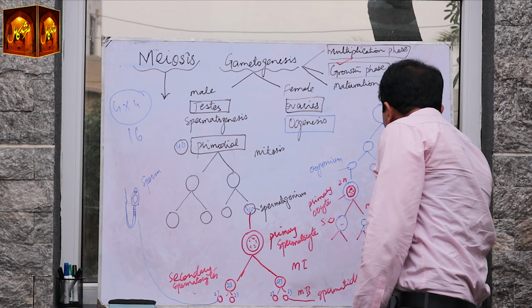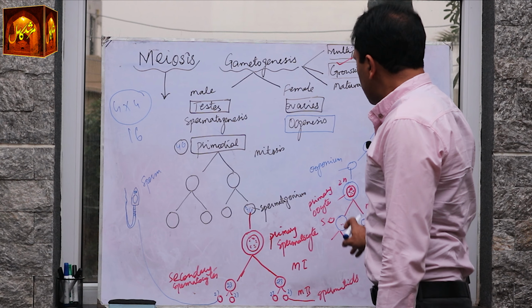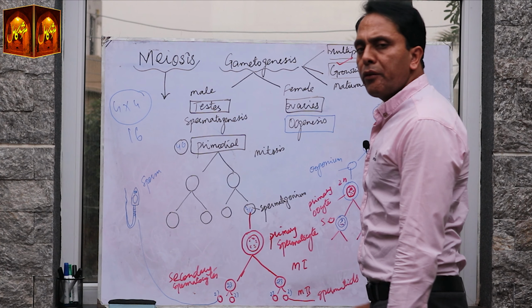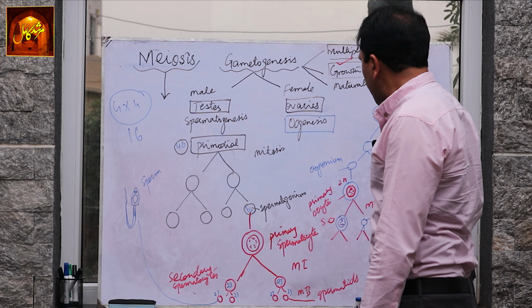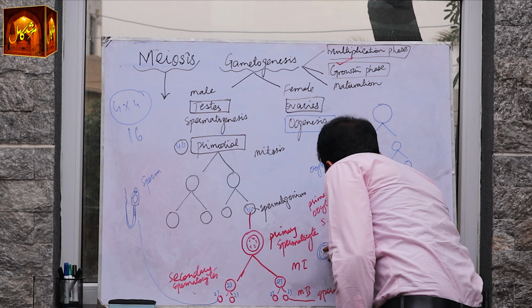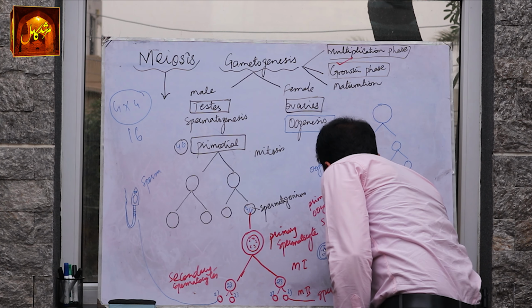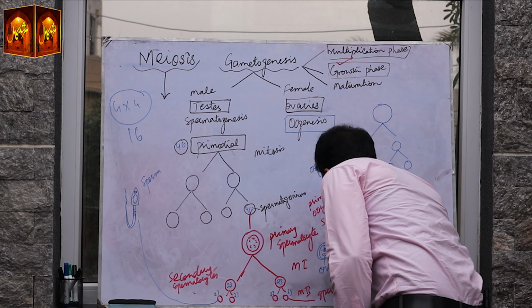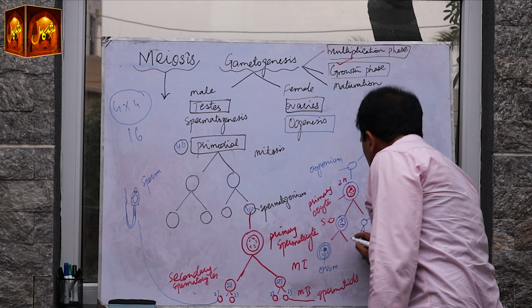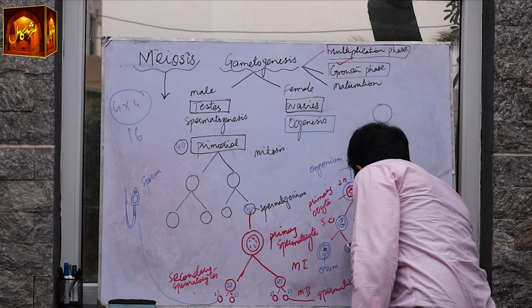So in meiotic 2 division, this single secondary oocyte will be further divided into one ovum, or egg, and again another polar body will be formed.